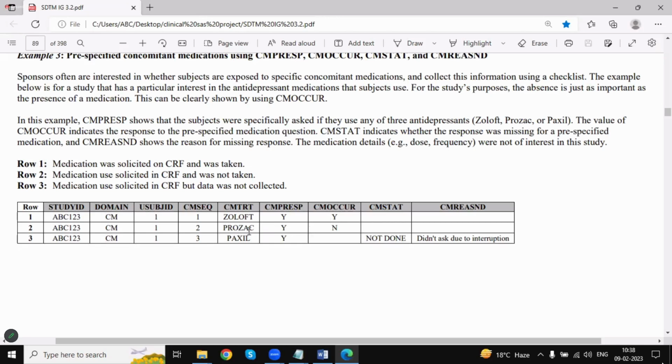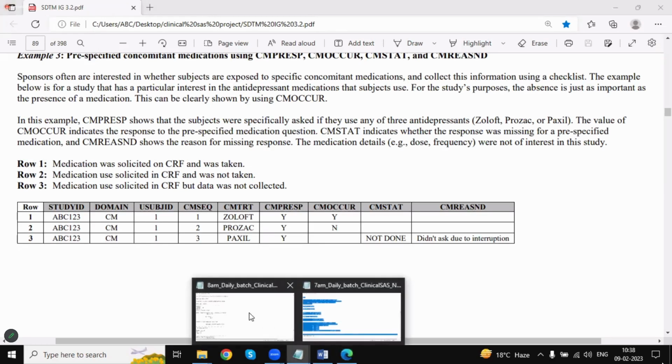It means only treatment details are available, and the remaining details may not be collected. Then you write the status as not done and also write the reason for not done. Okay, clear? That's it.